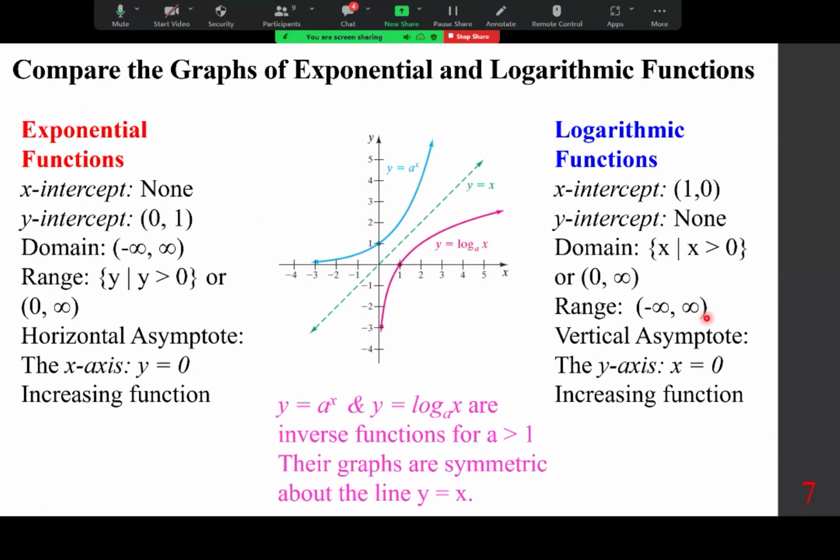The range for the blue one is from 0 to infinity, and in the case of the red one, from 0 to infinity is the domain, and the range is all real numbers. We have a horizontal asymptote, which is the x-axis, y equal to 0. But in the case of a logarithmic function, we have a vertical asymptote, the y-axis, x equal to 0. And both cases are increasing functions.